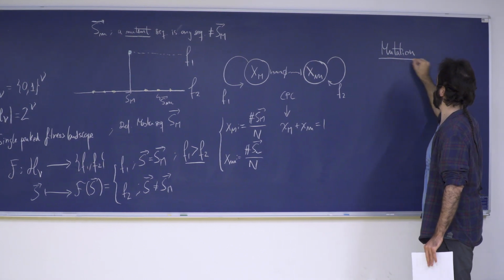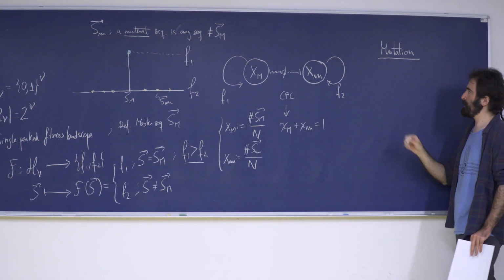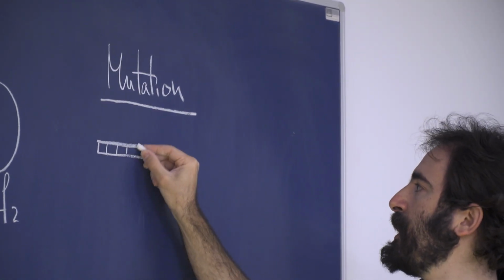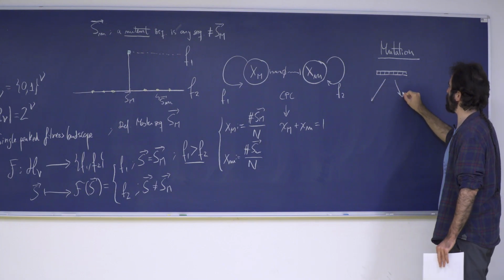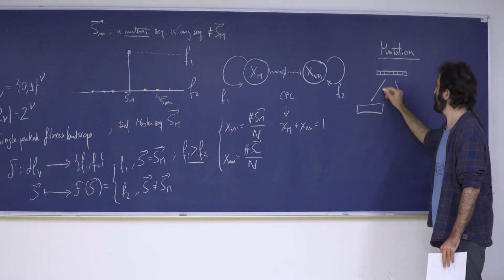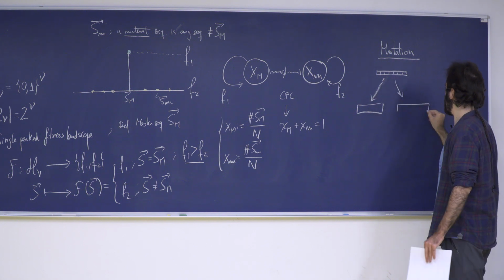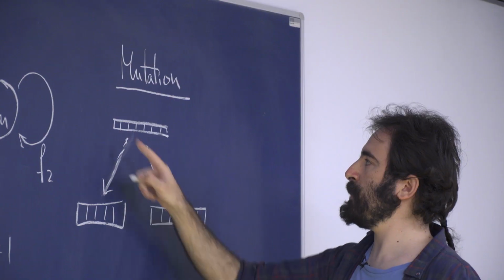which is mutation. Okay, so now let us think a little bit more about what this means. So a sequence, namely a master sequence, for example, it'll be a set of bits, right? And when this is replicating, basically it'll leave the parent string and then it'll generate a new one. So this could be exactly the same.